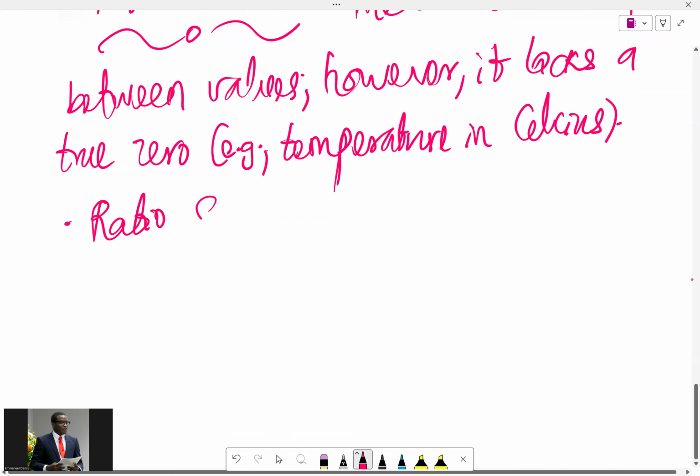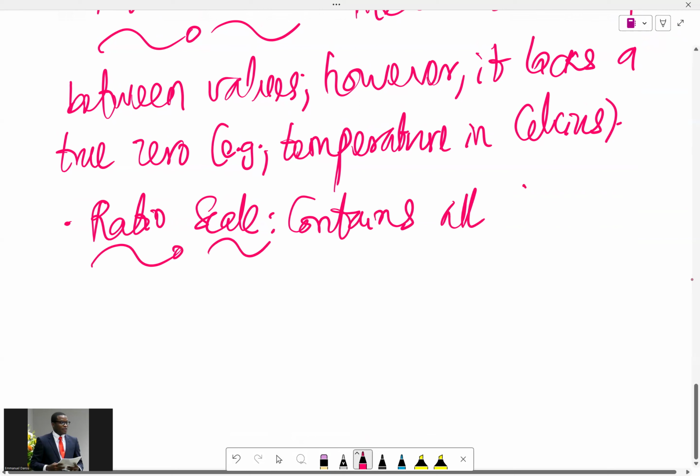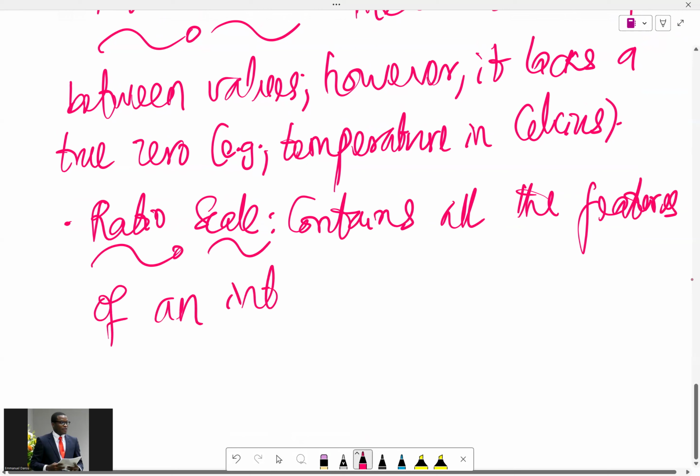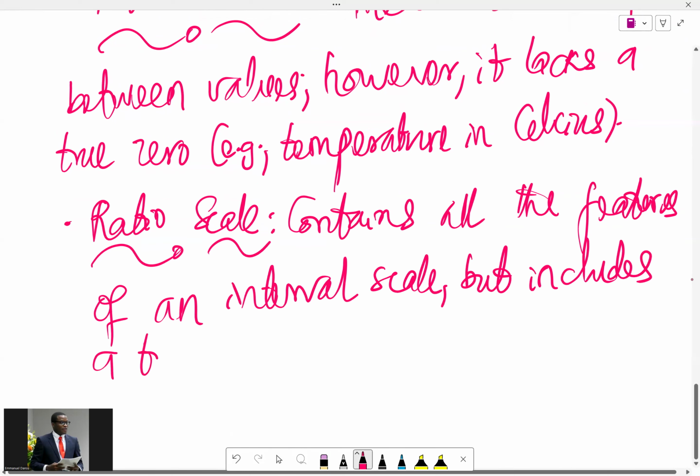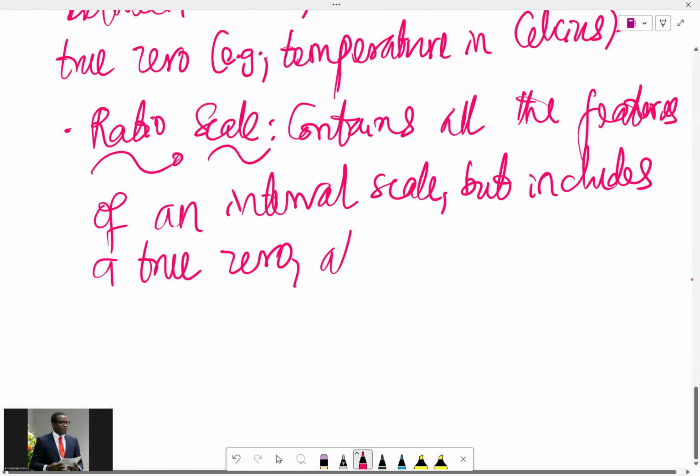Then we have the last one, which is the ratio scale. The ratio scale contains all the features of an interval scale, but includes a true zero. So here, zero really means zero. Zero means that it doesn't exist, allowing for meaningful comparisons.